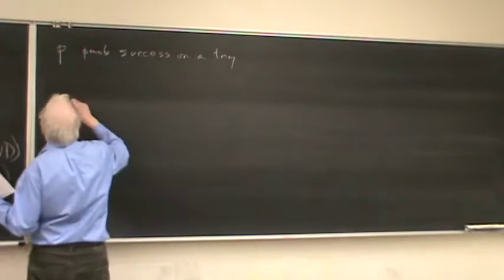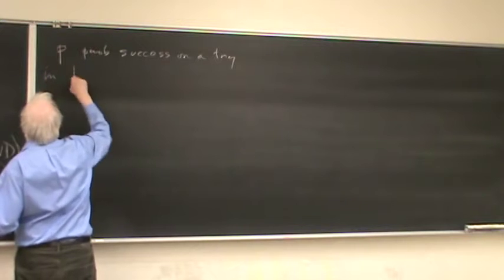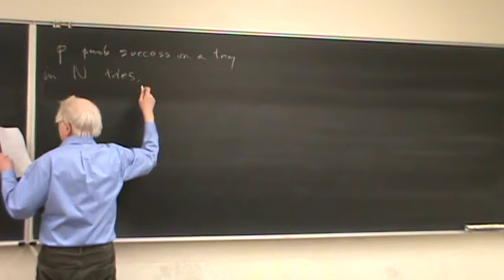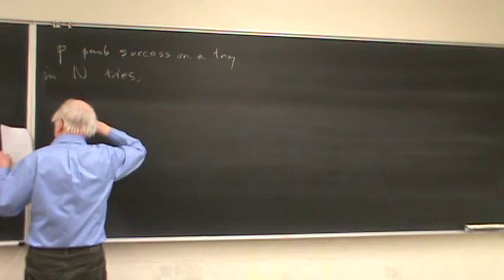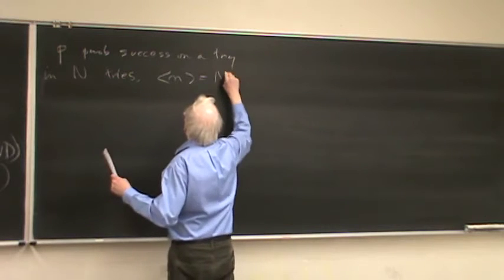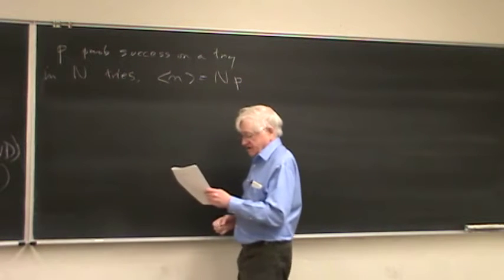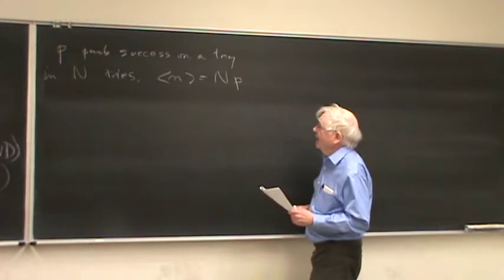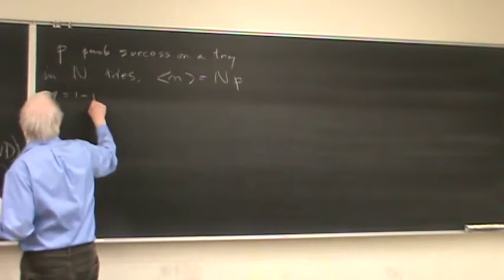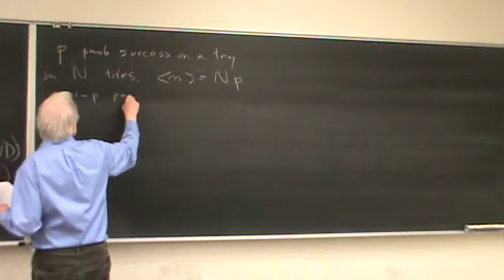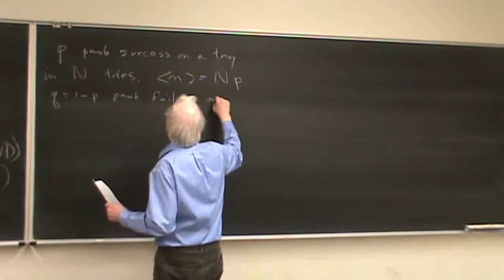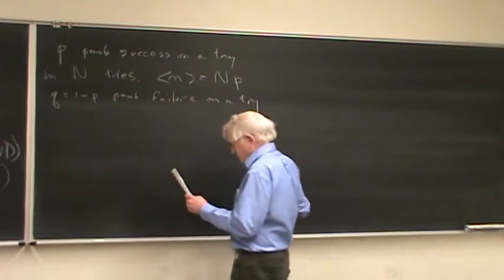So if you have n tries, the mean number of successes will be n times the probability of each one. And we're also going to set q as 1 minus p, the probability of failure on a try.